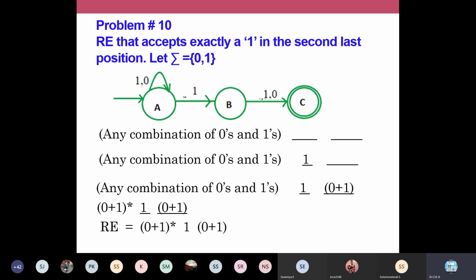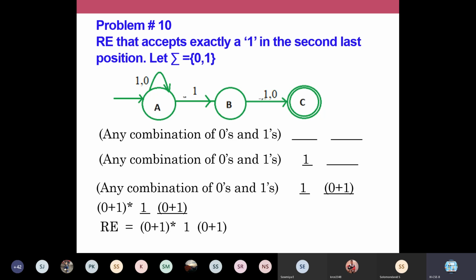In the dashes, I have placed the regular expressions. This 1 denotes the regular expression for the second last symbol, and 0+1 denotes the regular expression for the last position. In your string, the last symbol might be either a 0 or 1. So the regular expression will be 0 or 1. You must not put a star here.